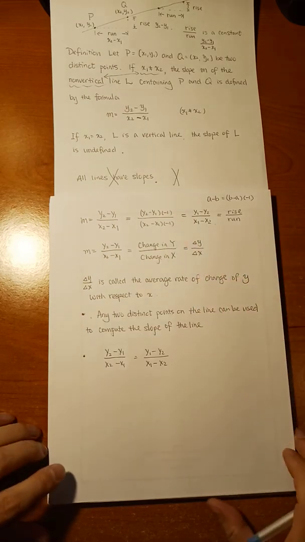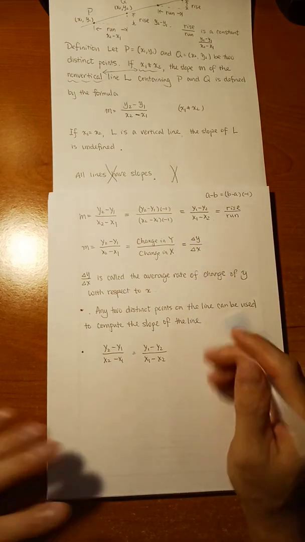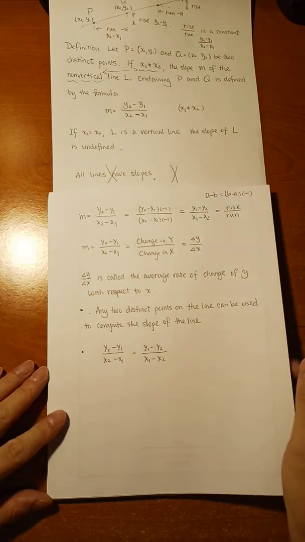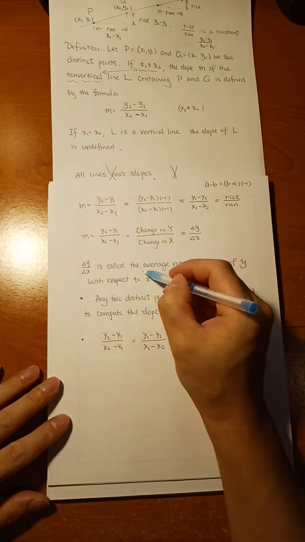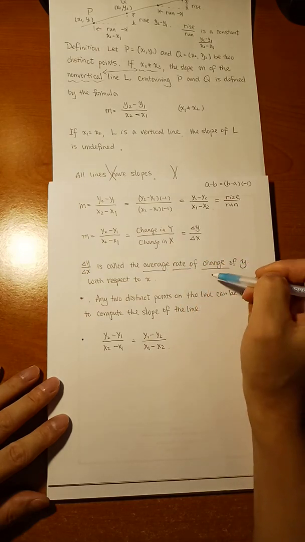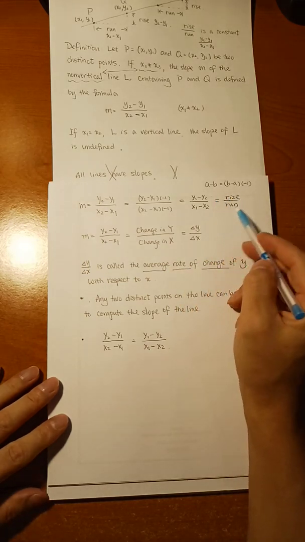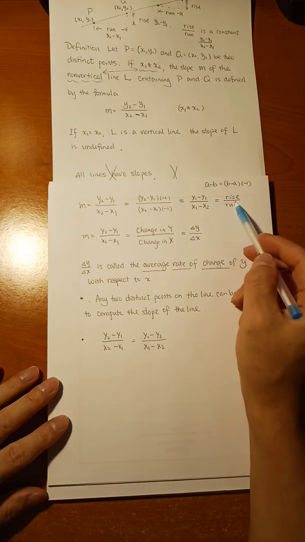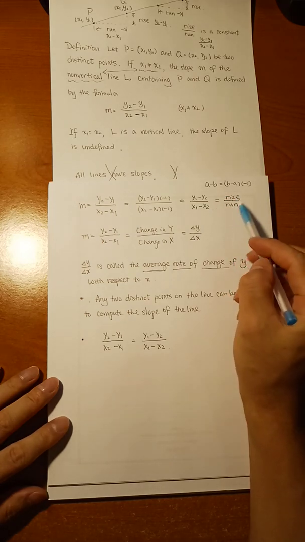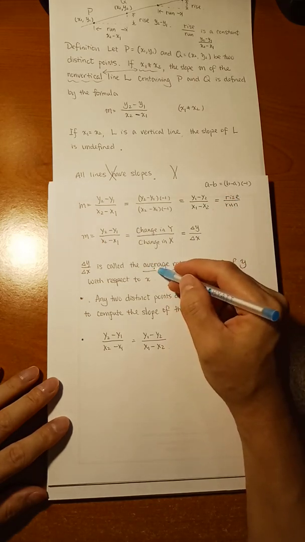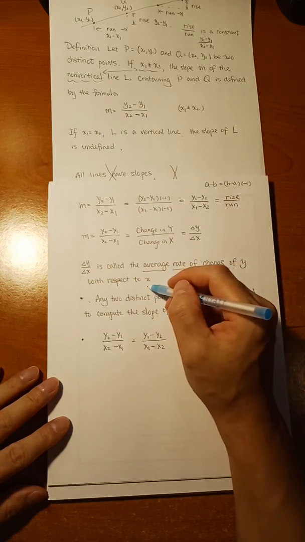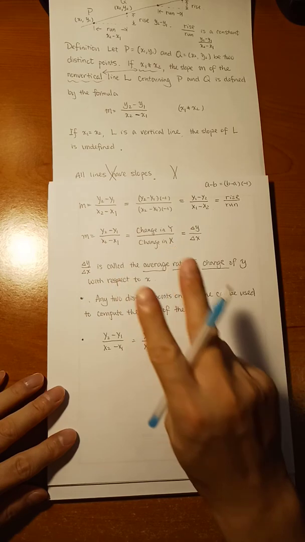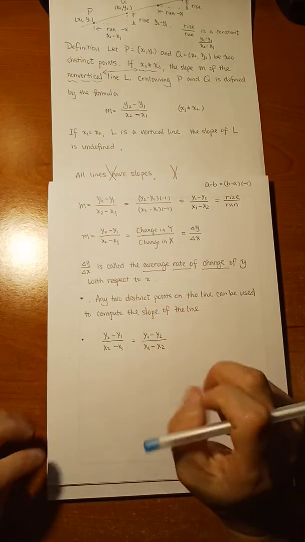So those are two important remarks to keep in mind. We can interpret the slope as the ratio of rise and run. We can also call the slope the average rate of change of y with respect to x. It has two names.